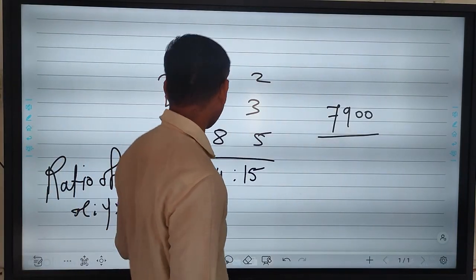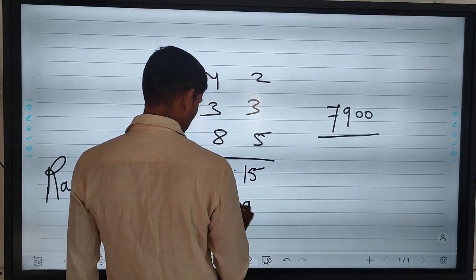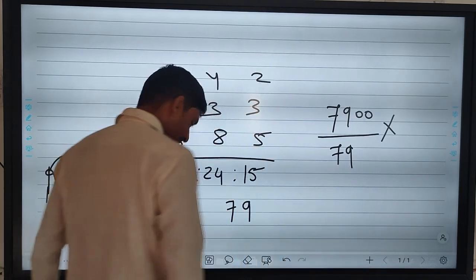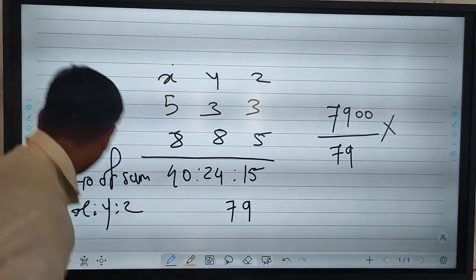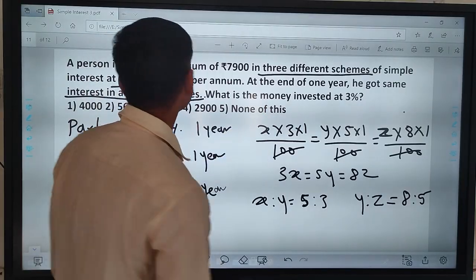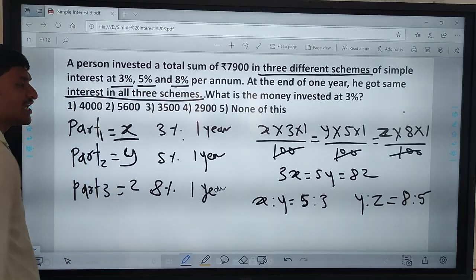Then we add this, 79 into, we find the money invested at 3%. Money invested at 3% means we find only x.